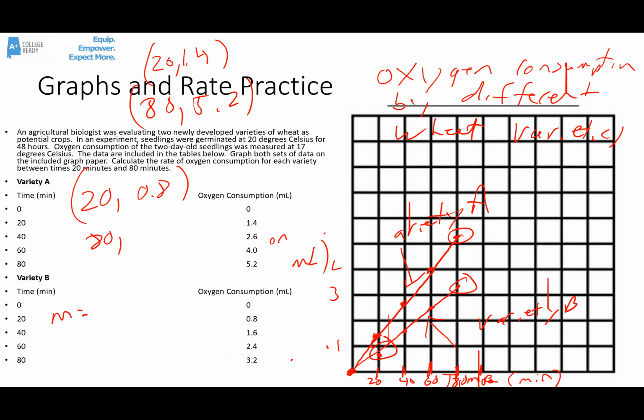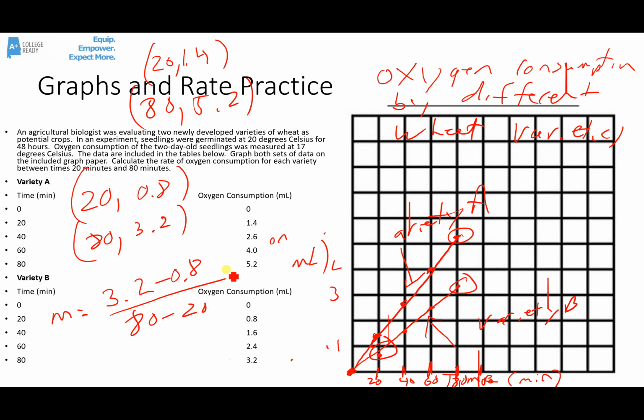And at 80, our y is 3.2. So again, to calculate the rate, take your change in y, 3.2 minus 0.8, over the change in x, 80 minus 20.